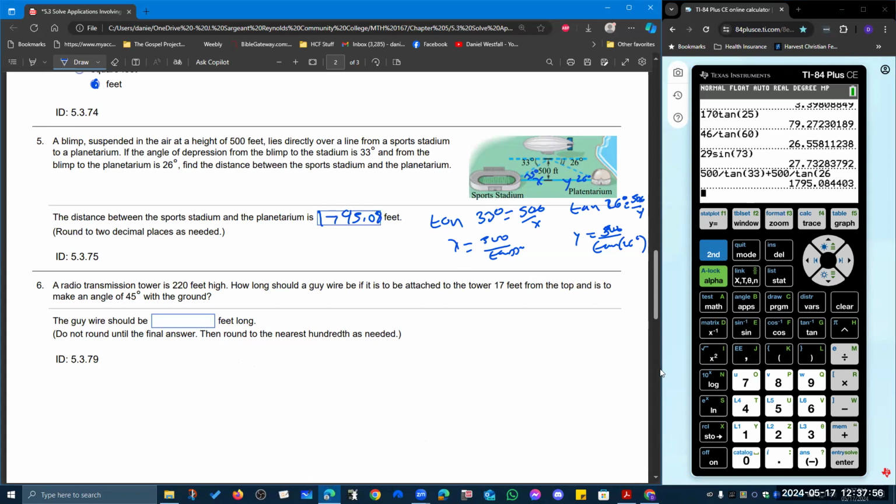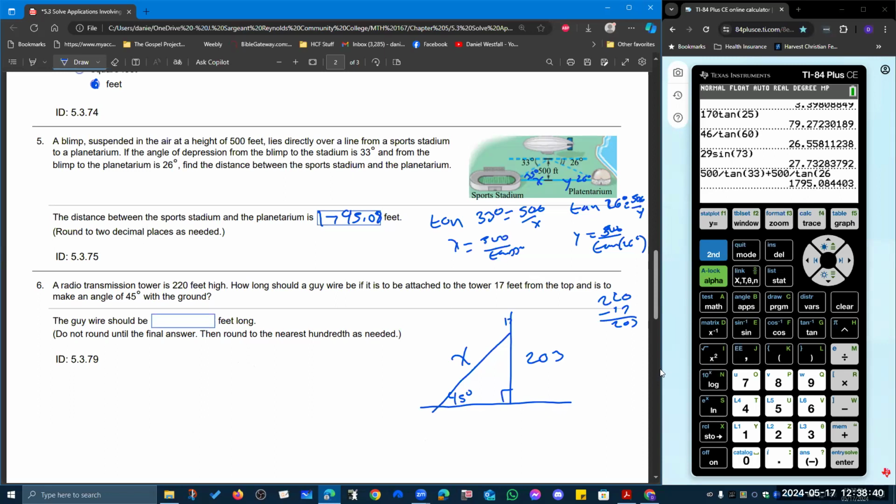The radio transmission tower is 220 feet high. How long should the guy wire be if it is attached to the tower 17 feet from the top and is to make an angle of 45 degrees with the ground? So 220 minus 17 is 203. 203 on this side, and we want to find that length.